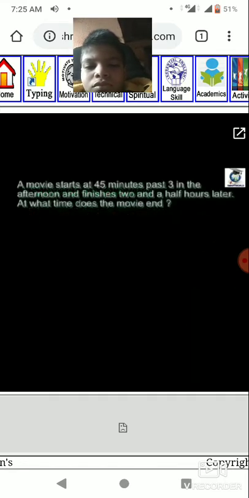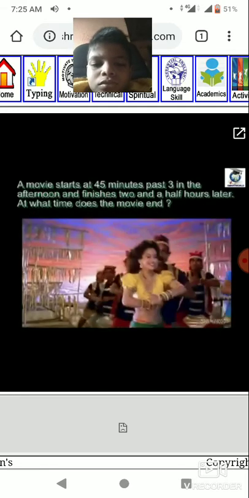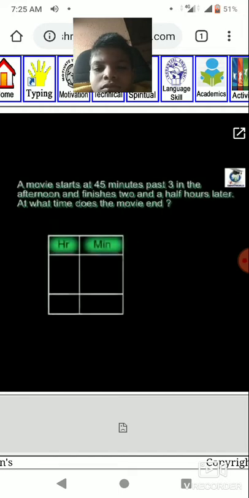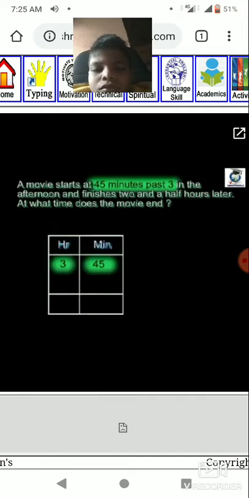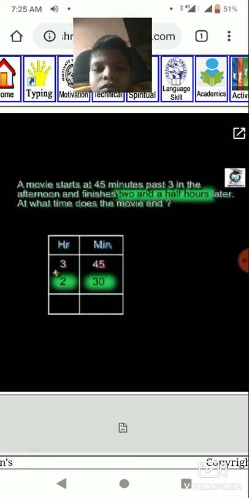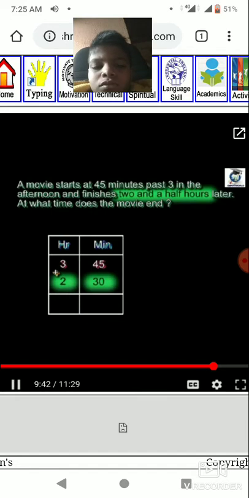Then a word problem. A movie starts at 45 minutes past 3 in the afternoon and finishes 2.5 hours later. At what time does the movie end? First we'll make the columns of hours and minutes. 3 hours 45 minutes plus 2.5 hours, which means 2 hours 30 minutes.